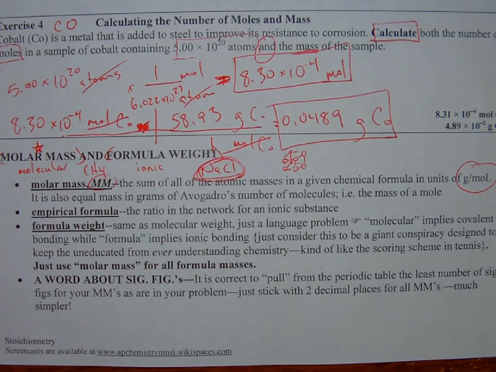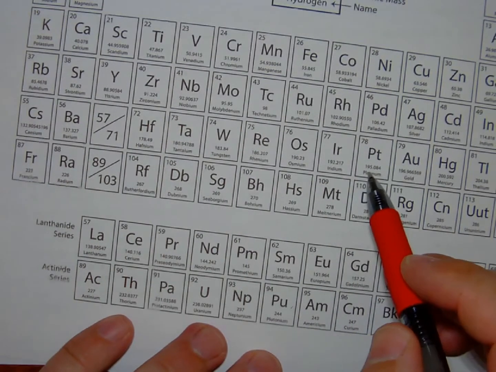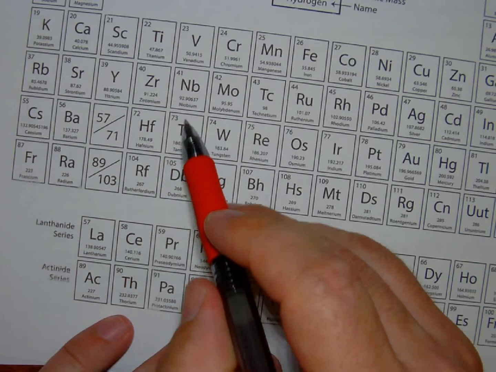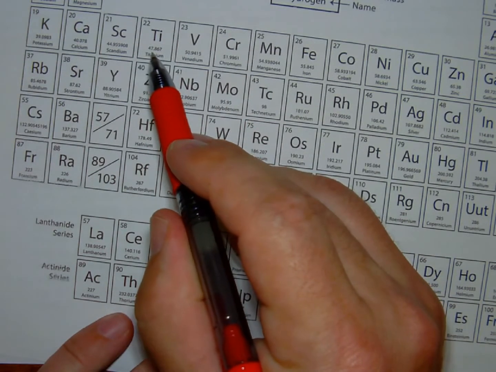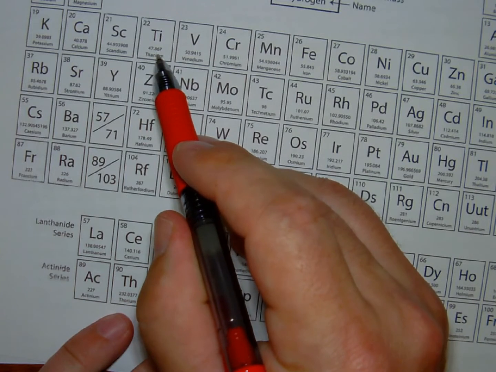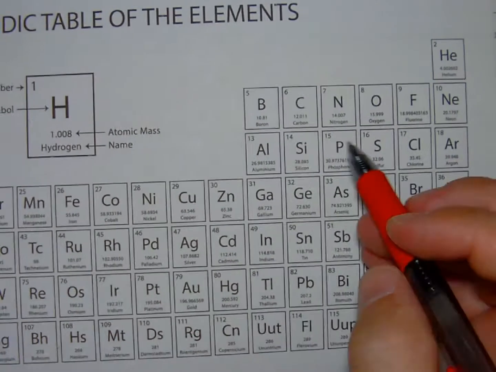So if we go to your periodic table, and we look at all these masses, in terms of these molar masses, these are all in grams per mole. 1 mole of titanium has a mass of 47.867 grams. And there are several of them that you're already pretty familiar with.